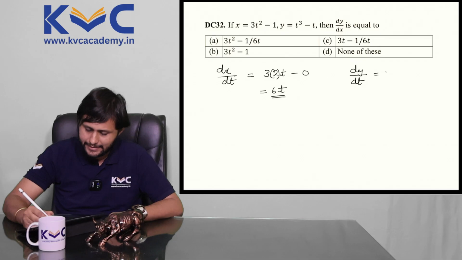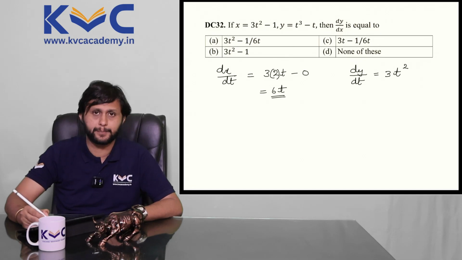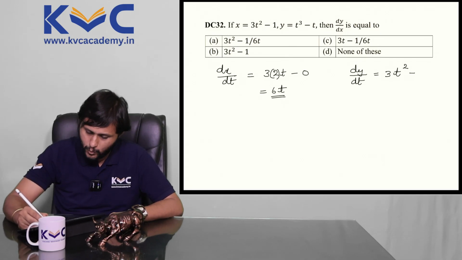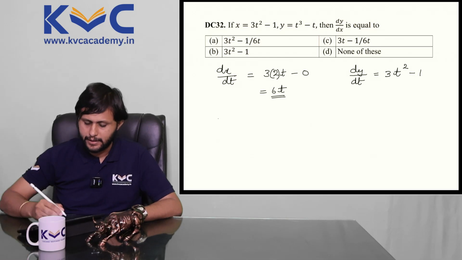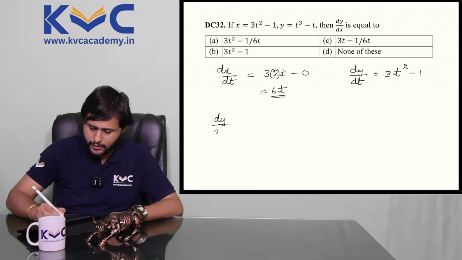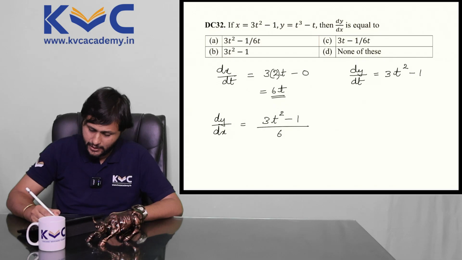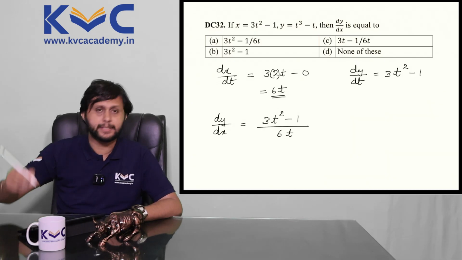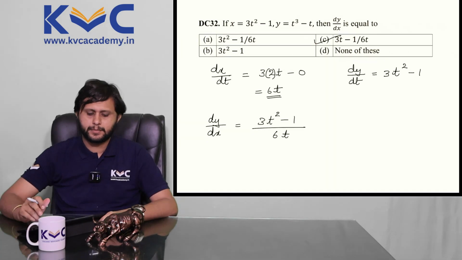Differentiation of t cube is 3t square. Differentiation of t is 1. So we have dy by dt, we have dx by dt. Now I'll join both of them. dy by dx is equal to 3t square minus 1 divided by 6t. Do we have that? Yes, we do. Option C is the right answer.